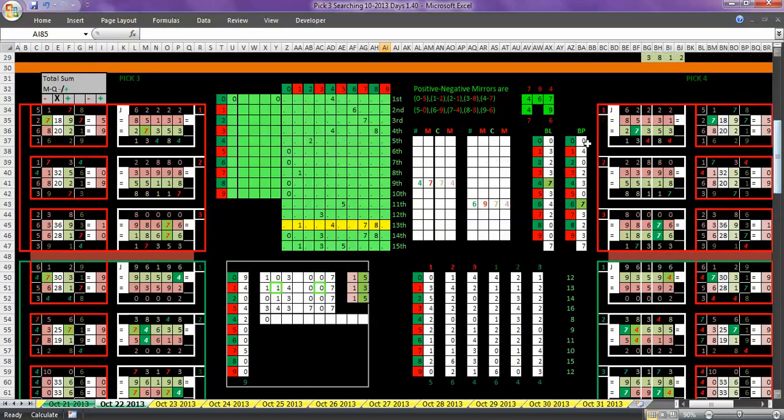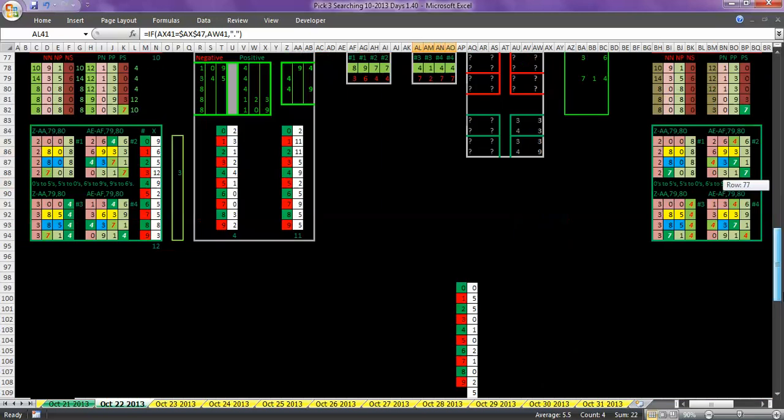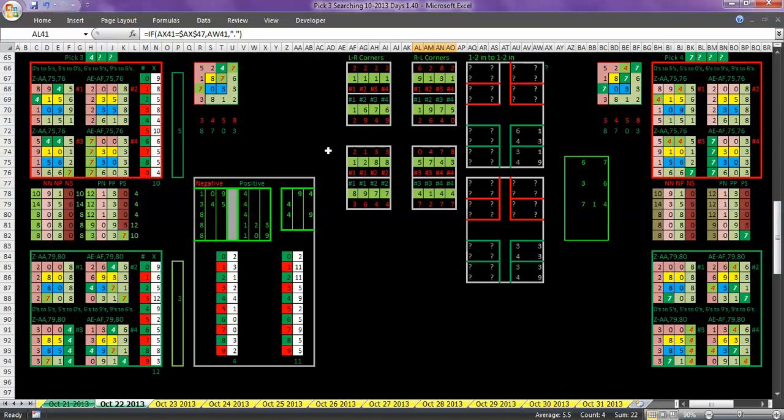Our other number that showed up the most is 6, and it showed up 7 times, which would give us 6 and 9, 6 and 7, or 6 and 4 is a pair, or 9 and 7 and 4 is a pair. So we've got our 7 and 4s covered here, and it's showing us on these sections already where those show up.